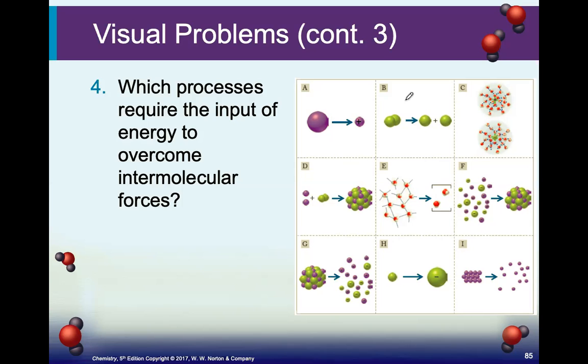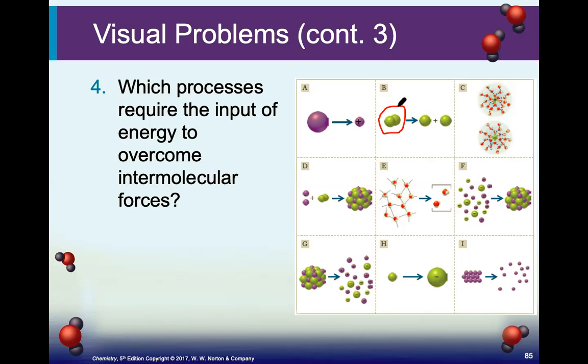So let's look at B. Let's start with the first one. B, what kind of bond is keeping those two together? Covalent. Covalent bonding, correct. Yeah, they're overlapping one another and interpenetrating one another. So that means that you are breaking a bond.